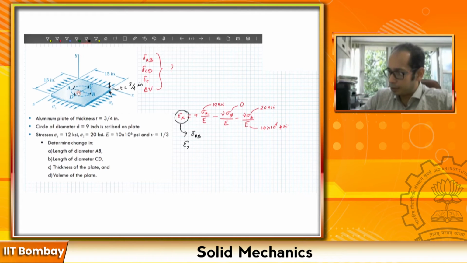My epsilon x is nothing but delta AB by the original length of AB, that means delta AB divided by my original length, which was 9 inch. Remember, this information was given at this particular point, 9 inch. So delta AB is going to be my epsilon x, which you have calculated here, times the 9 inch.